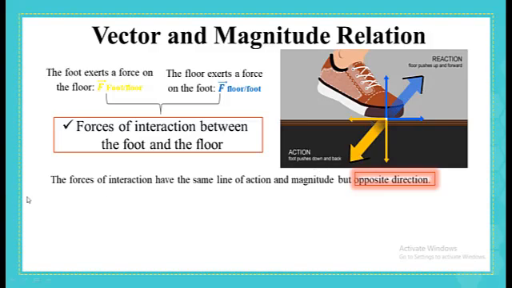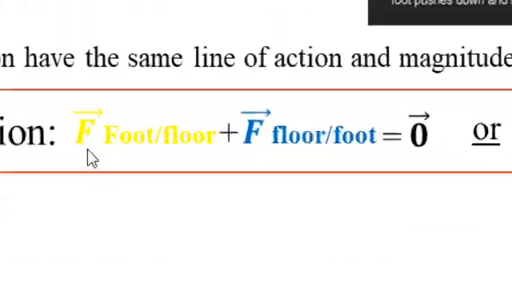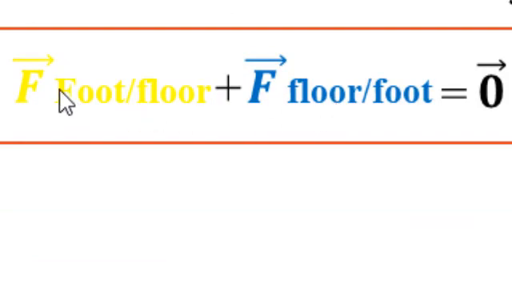In order to express such a relation, we can write a vector relation as follows. If we add these two forces, since they are opposite in direction and they have the same magnitude, then they cancel each other in a way we get a zero vector. The resultant is zero.